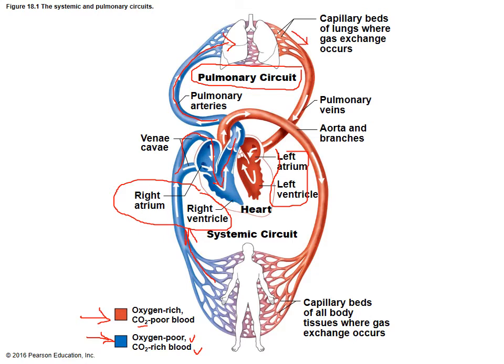Now, this oxygen-rich blood that's originating from the lungs is going to circulate itself back over to the heart. But notice how when it returns to the heart, it's going to go over to the left side. So the left side is going to receive this oxygen-rich blood and pump it back out to the rest of the body so that we can supply the rest of our organs, our tissues, and our cells.